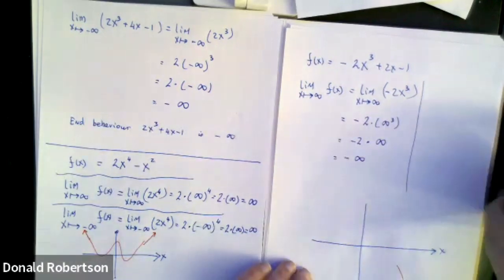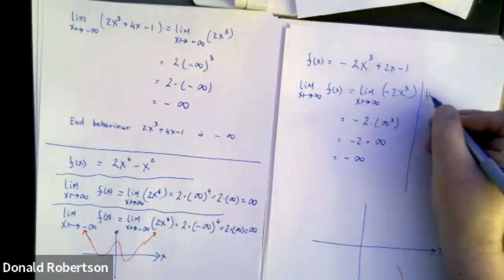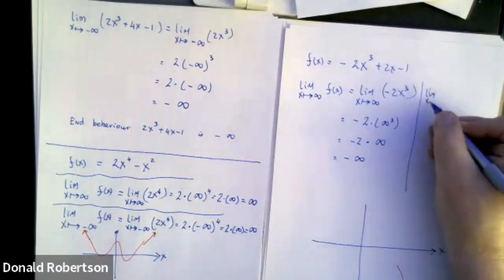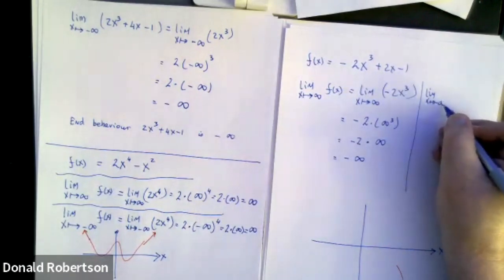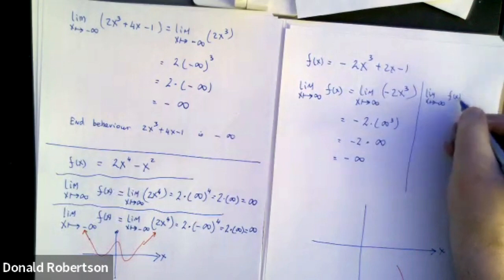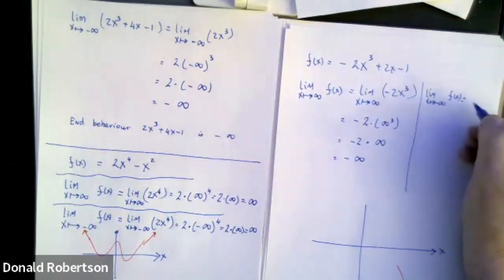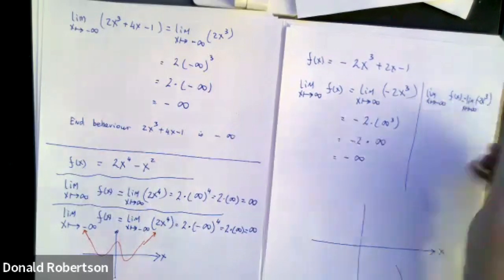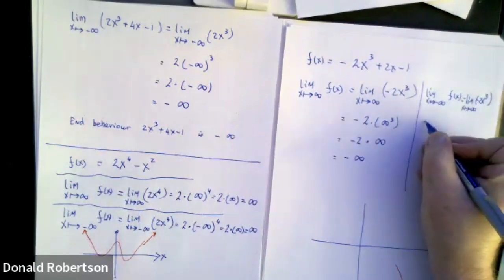Negative. Now, on the other extreme, the limit as x tends to negative infinity, this function becomes the limit as x tends to negative infinity of negative 2x cubed. What's that going to get me?